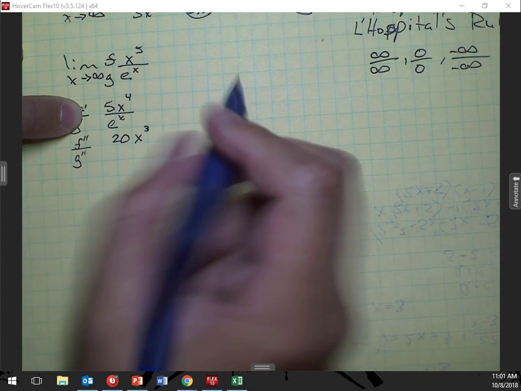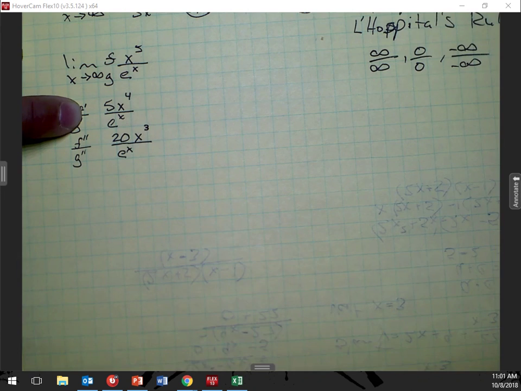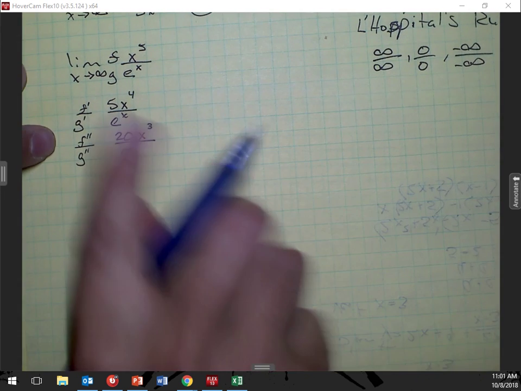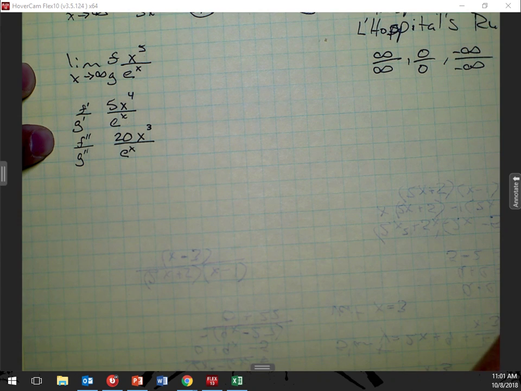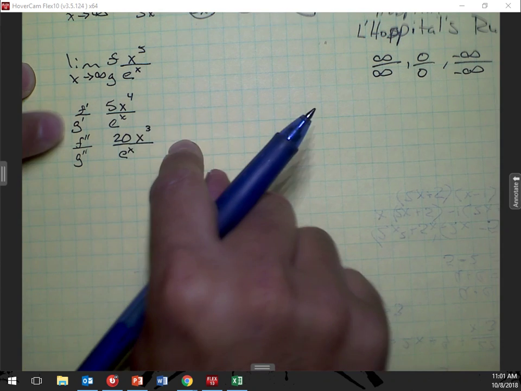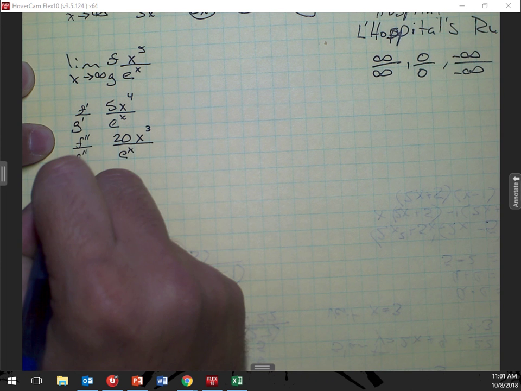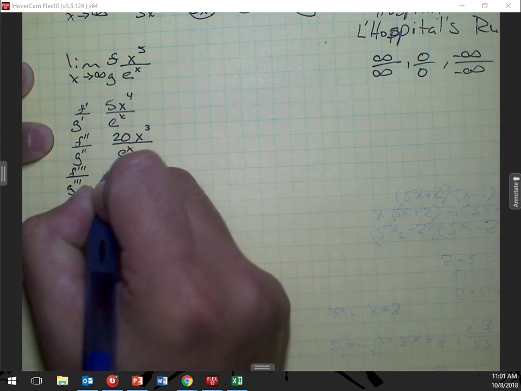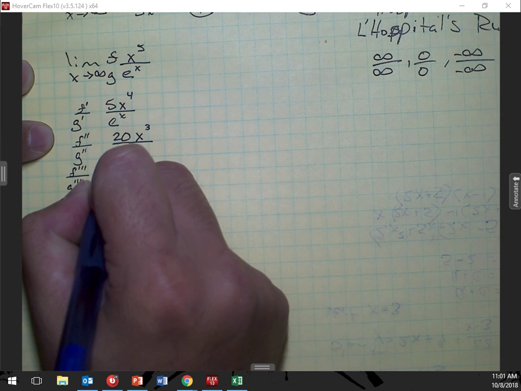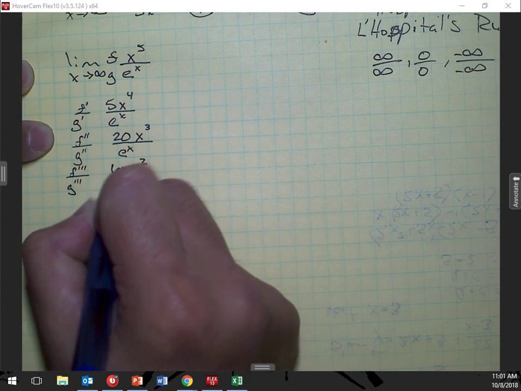Over e to the x. Does that take care of it yet? No, it doesn't take care of it. I still get infinity over infinity. So 20 times 3. So f triple prime over g triple prime is going to be 60x squared over e to the x.